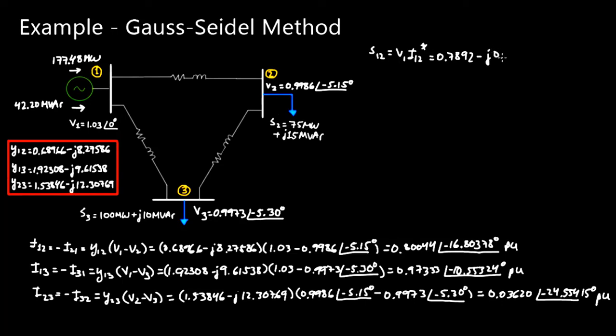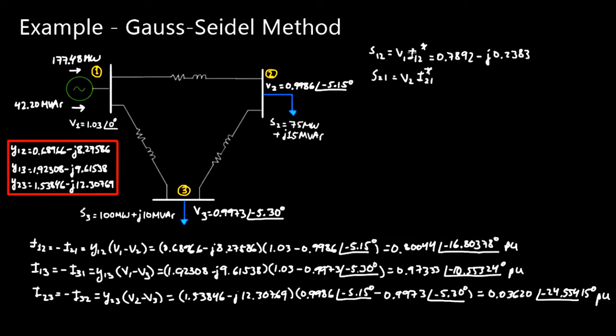I'm not going to go over the entire calculation, but V1 is 1.03, and I12 we just calculated. You take those two numbers, take the conjugate of I12, and multiply them together to get this number. This is again in per unit. Now S21 is equal to the voltage at bus 2 times the current I21 conjugate. This is why it's important that we define I12 and I21.